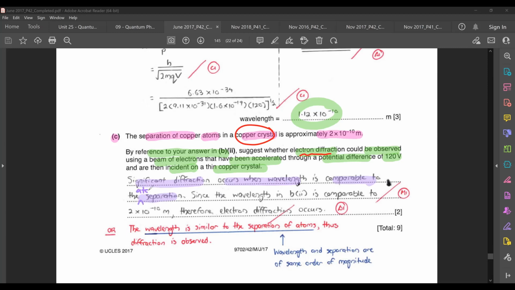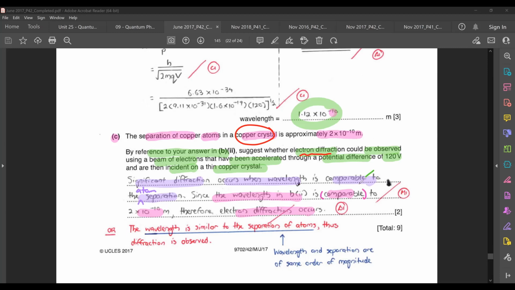Since the wavelength in B2 is comparable to 2 times 10 power minus 10, your electron diffraction occurs. So what do we mean by comparable?